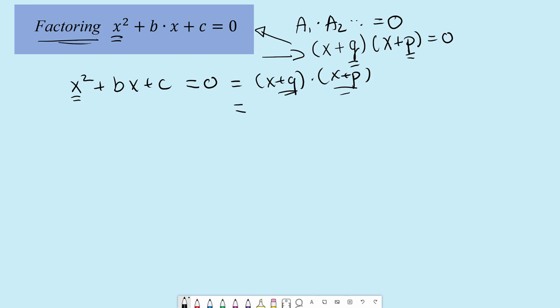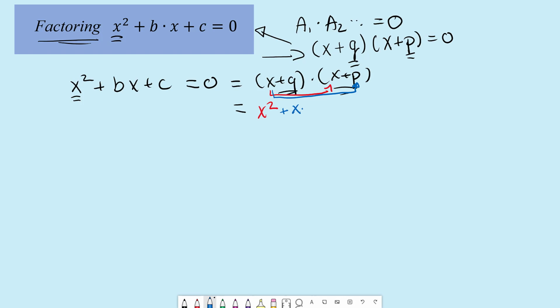In order to multiply, we'll use, as usual, our distributive property, which basically says that we have to multiply every term in the first parentheses by every term in the second. Let's count out our 4 terms here. We have x times x, right? That's our first term in red. Our second term will come from this first x multiplied by the second term in the second parenthesis, so that's p.